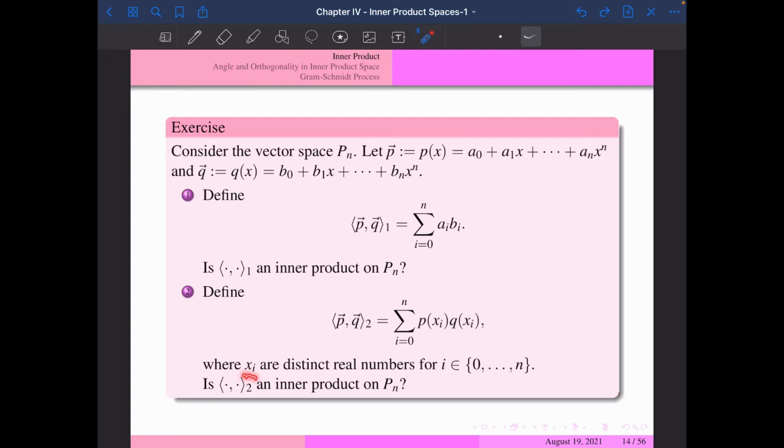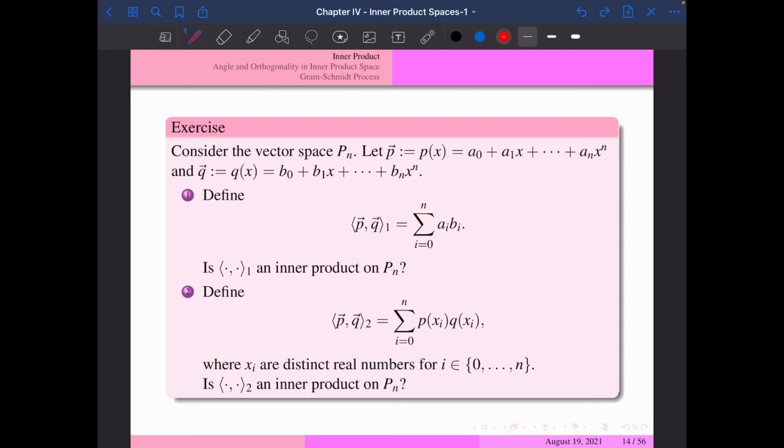It means we have n plus 1 distinct real numbers, and we evaluate P at x_i and Q at x_i, multiply them, and sum together. So the question is: is this function an inner product on Pn?